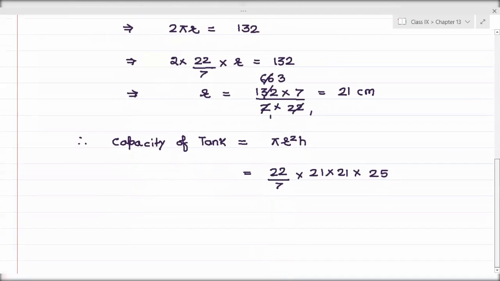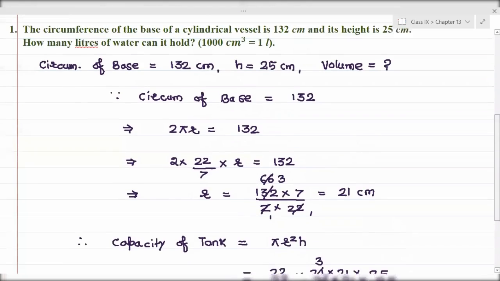Now we shall cancel the terms here. 7 ones are 7 and 7 threes are 21. 22 into 3 will become 66, into 21 into 25, this multiplication remains, and it will now be in centimeter cube. We have to convert this into liters.